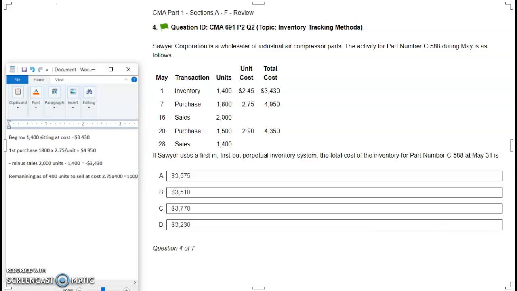Now we go get the remaining balance at May 16th.